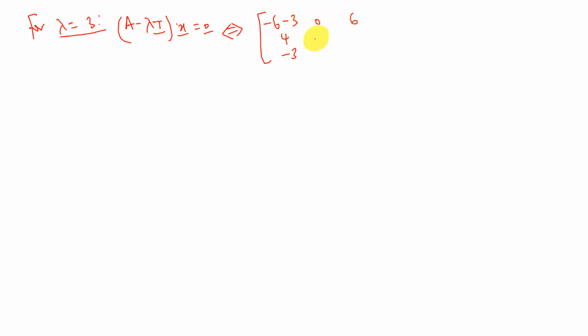Matrix A was 4, 0, 6, then 9 minus 3, 2, 0, then 5 minus 3. So just subtracting 3. And then we have x1, x2, x3, which is 0, 0, 0.